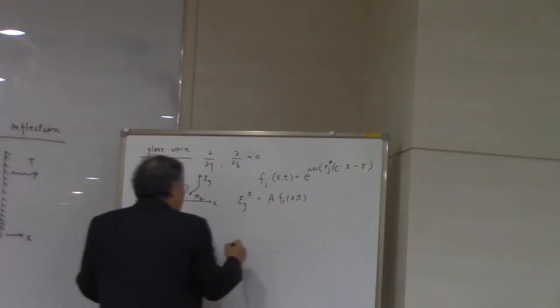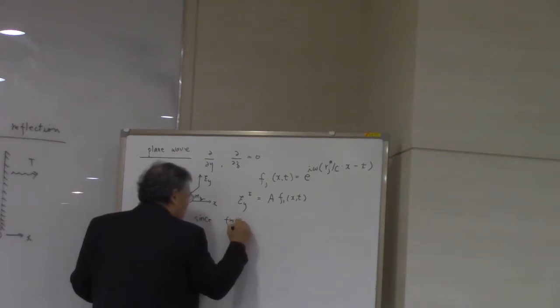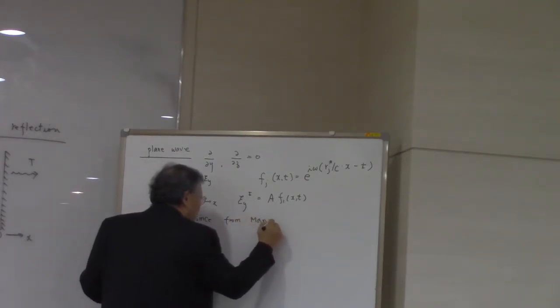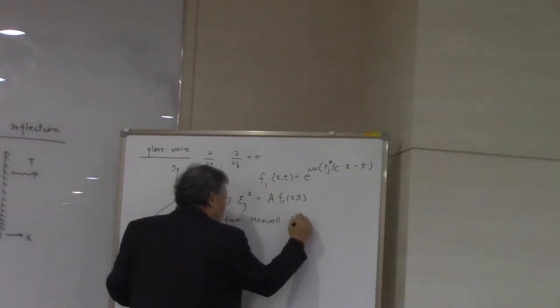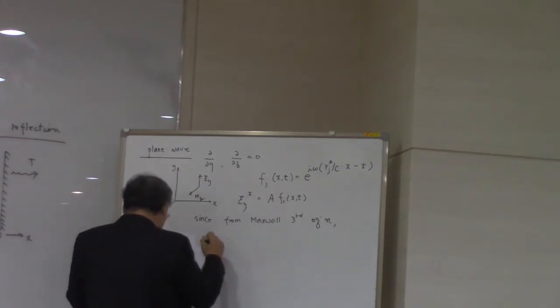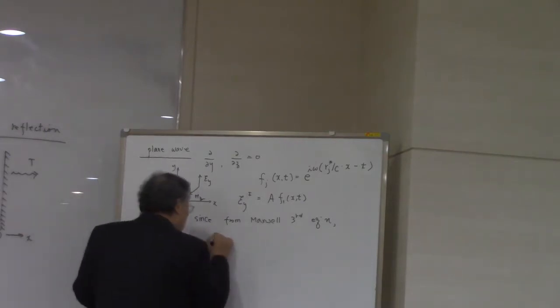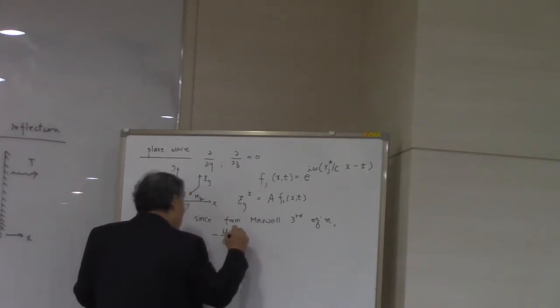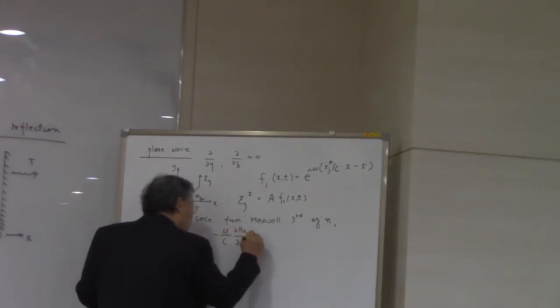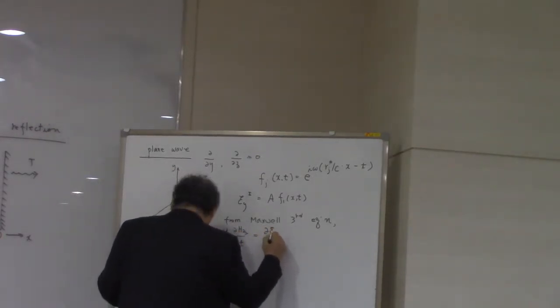Now, from Maxwell's third equation, we know that if you change the magnetic field, then you're going to induce the electric field.